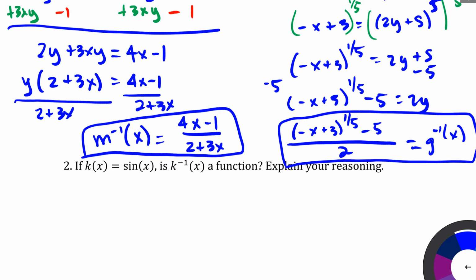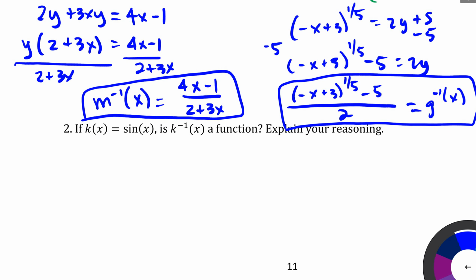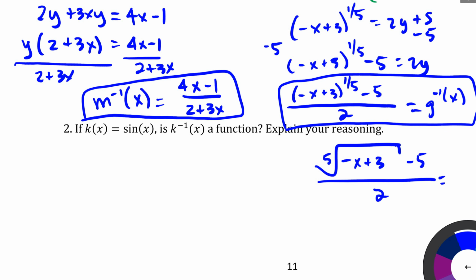Now if you didn't use fractional exponents there, if you used radicals, this would have been the 5th root of -x plus 3 minus 5 all over 2 equals g -1 of x.